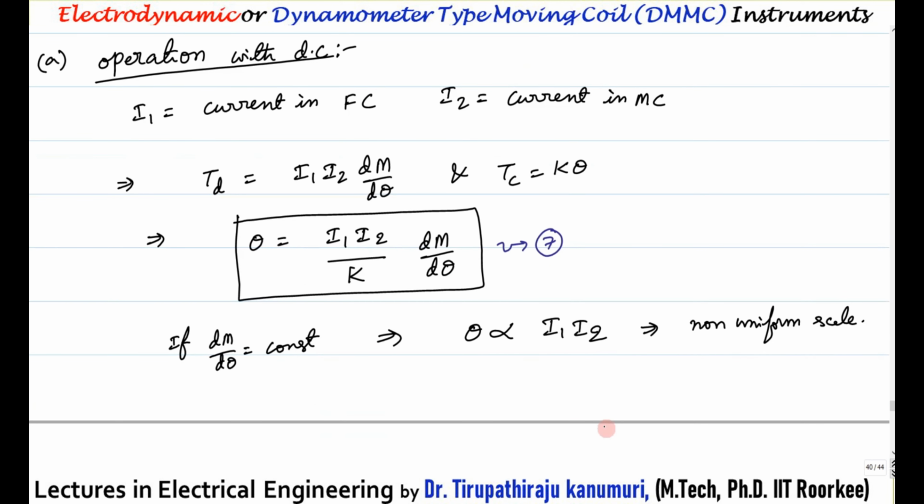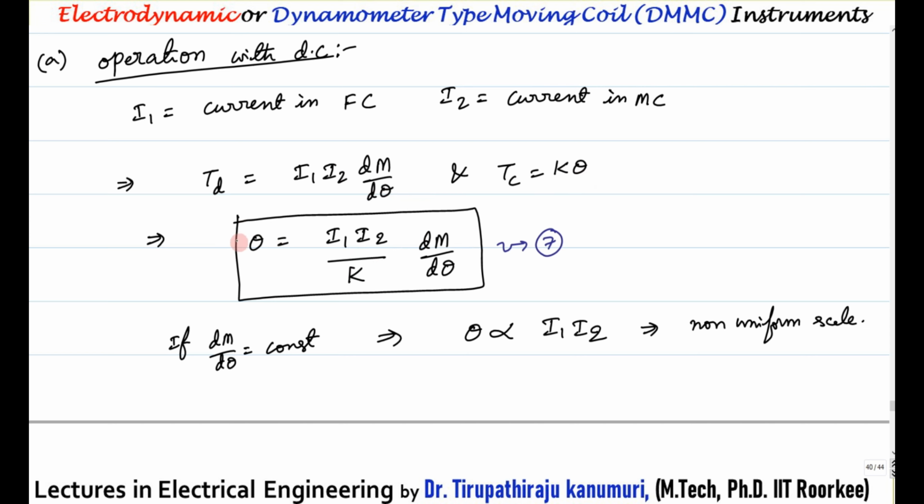So let us see the operation with DC and AC, and then proceed to the application part. In the case of DC, the instantaneous value of current, the RMS value and the average value are all the same. I1 is the current in the fixed coil and I2 is the current in the moving coil. Substituting in that equation, the deflecting torque is I1 multiplied by I2 multiplied by dm by d theta, and the controlling torque is K theta.